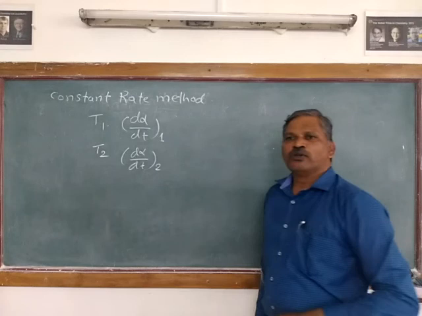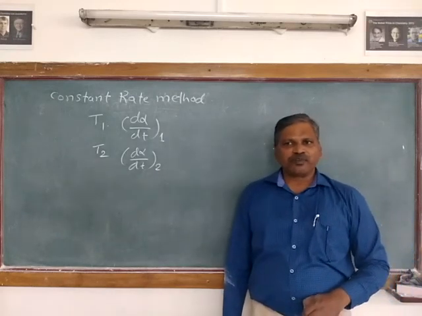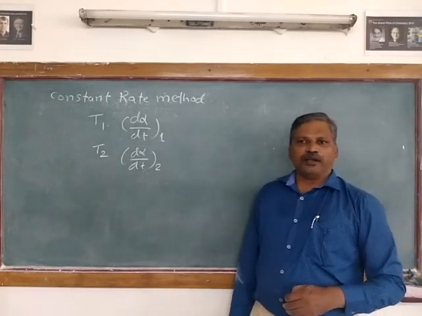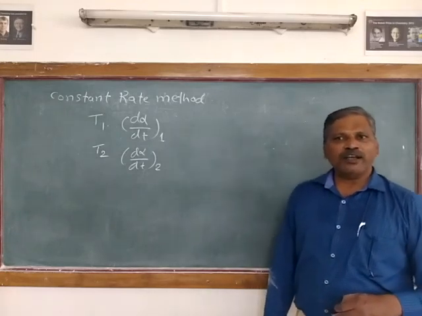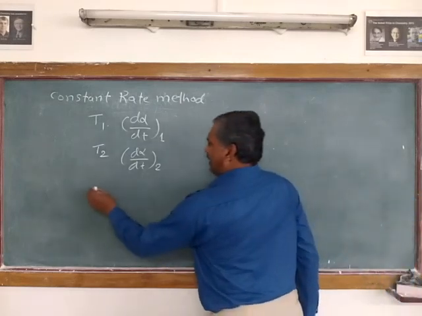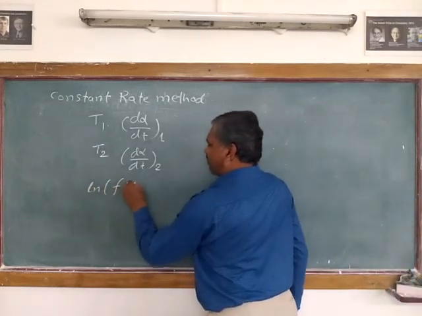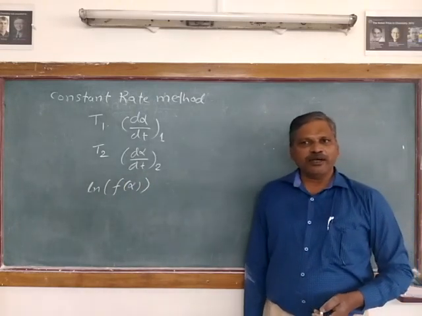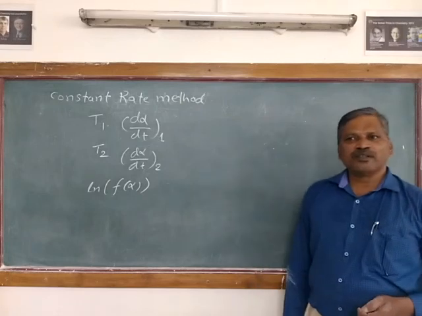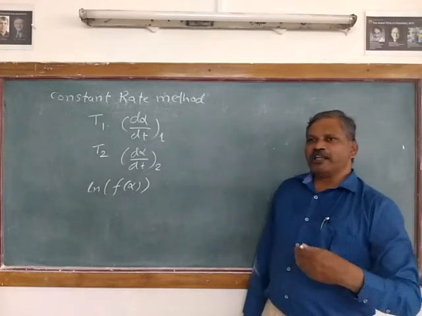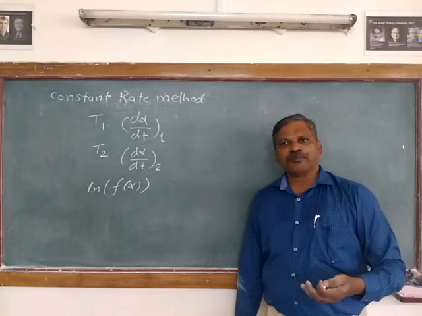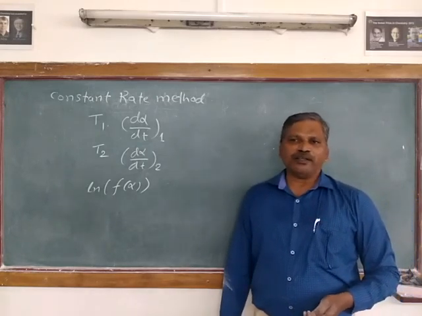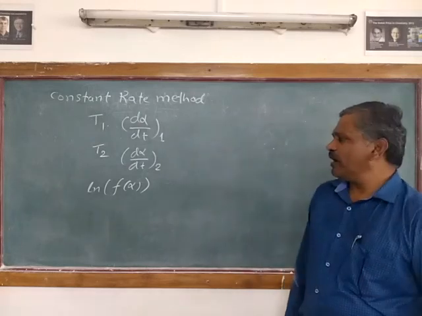For a small interval, the value of ln function of alpha changes a little bit during this jump. So from temperature T1 to T2, there will be a little change in ln f of alpha.